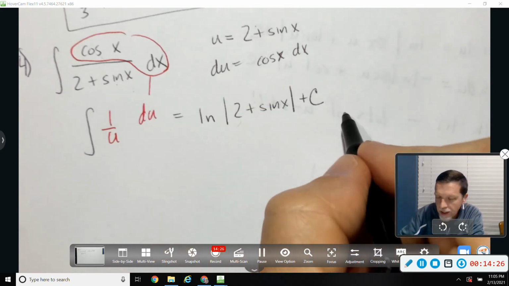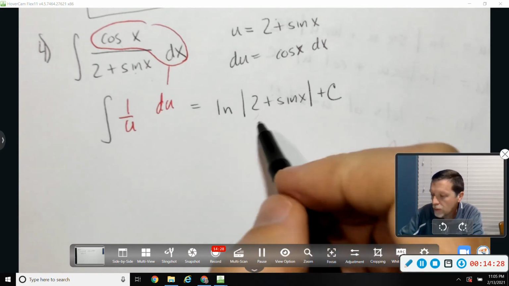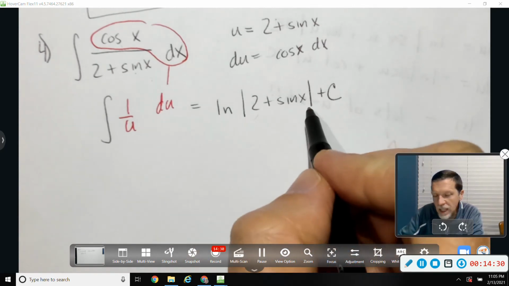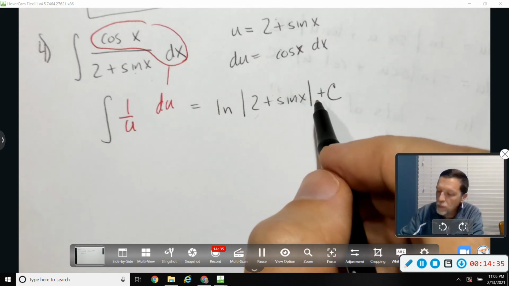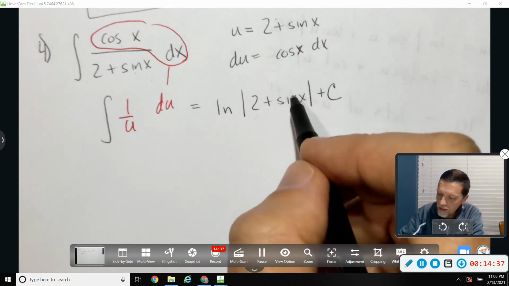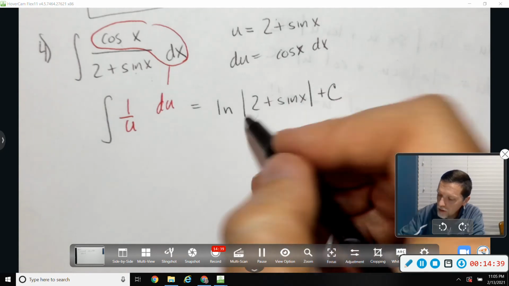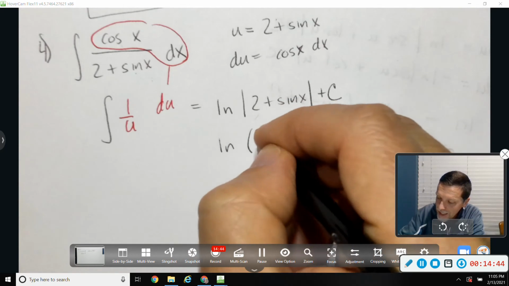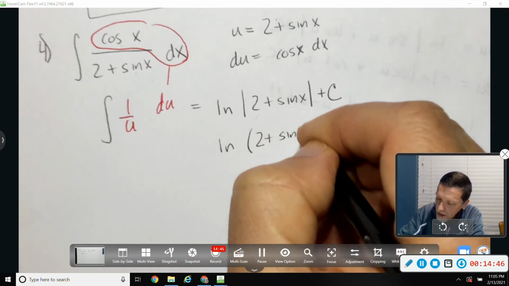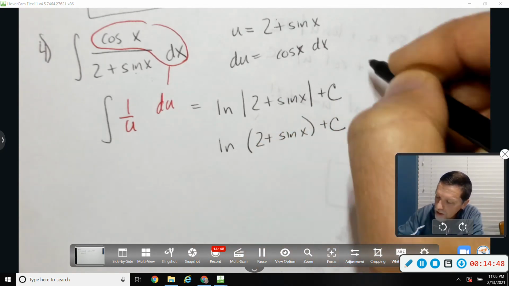Nothing wrong with that as an answer. I will say that sometimes if they don't need the absolute value bars, CalcChat or the back of the book will drop them. Sine of x is always between -1 and 1, so if I add 2 to it, it's always positive. So the absolute value bars aren't needed.